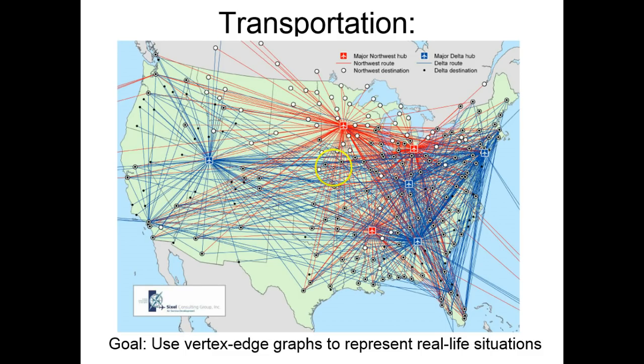For example, in transportation, imagine a diagram showing flight paths between cities in major hubs, like for example the red is a major Northwest hub, while the blue squares represent major Delta hubs, and each of these lines represents a scheduled flight between cities.